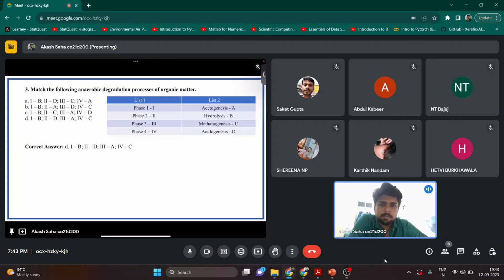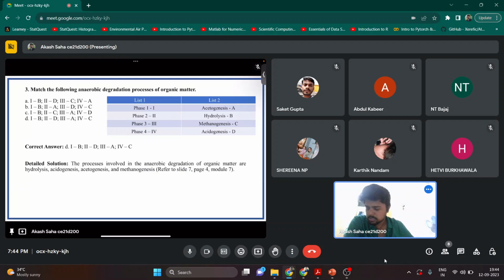Are you understanding my question? I am asking about the rate limiting process. Okay, so I will tell you, hydrolysis is the rate limiting step. Majorly hydrolysis is the main limiting step. Sometimes methanogenesis can also be the case, but primarily hydrolysis is the rate limiting process.